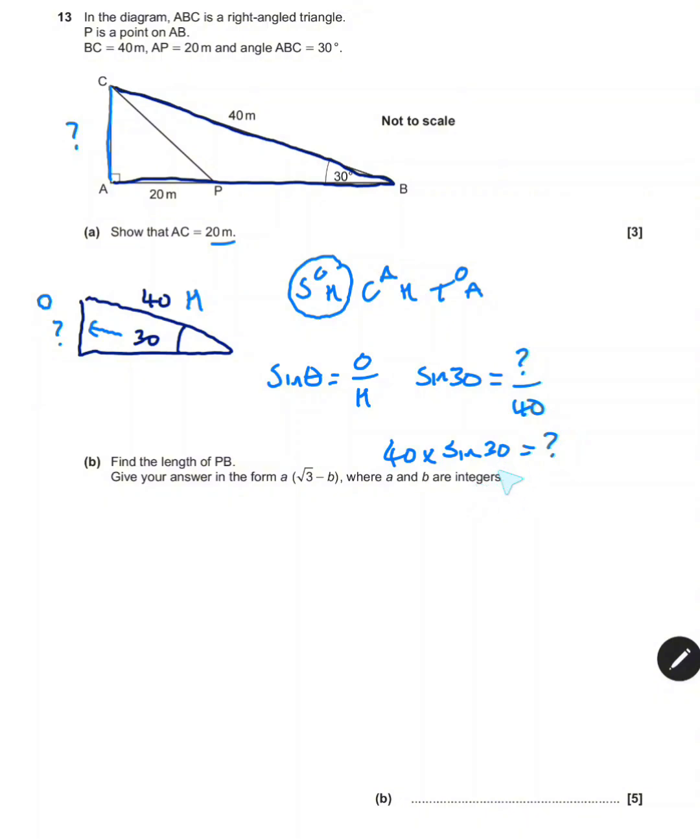You need to know for a non-calculator paper that the sine of 30 is a half. It's actually telling us that the answer comes to 20, so you can just jot that down somewhere. Guess if you're not sure, sine 30 is a half. So this becomes 40 times a half, which is the 20 that they're telling us it is.